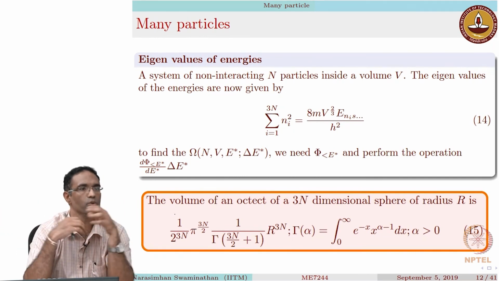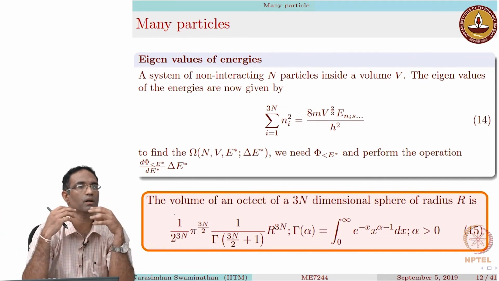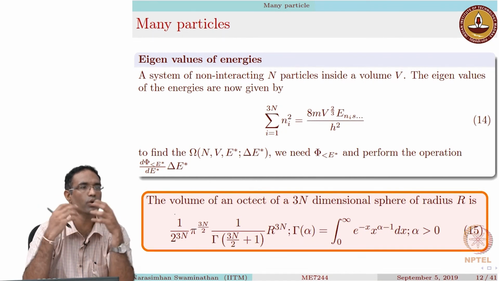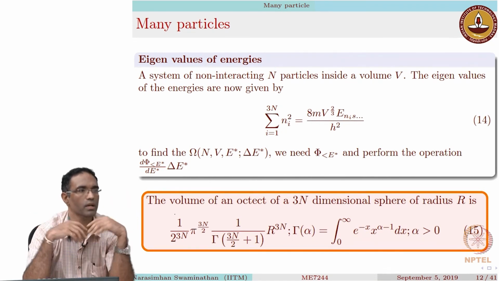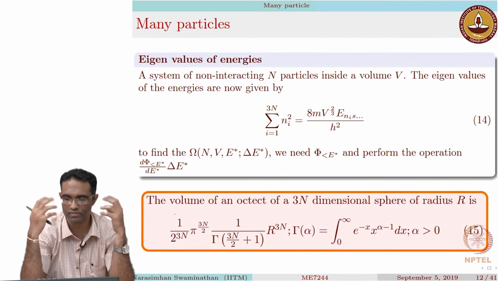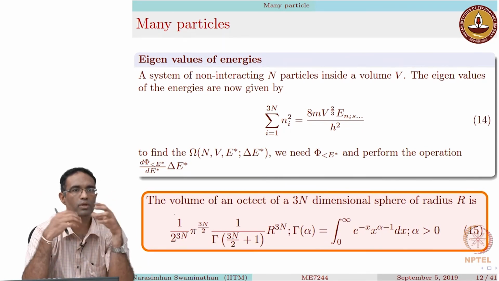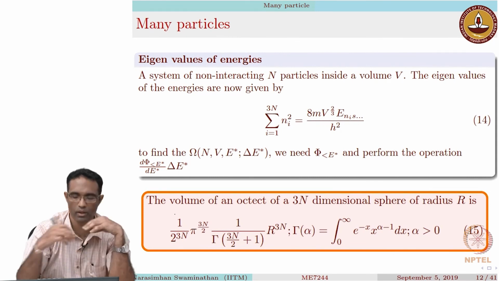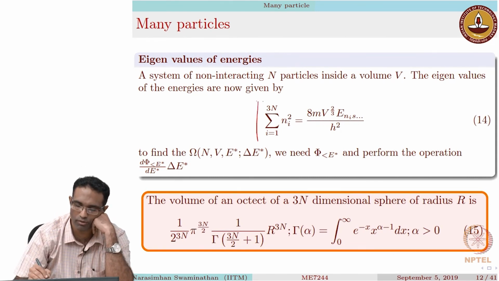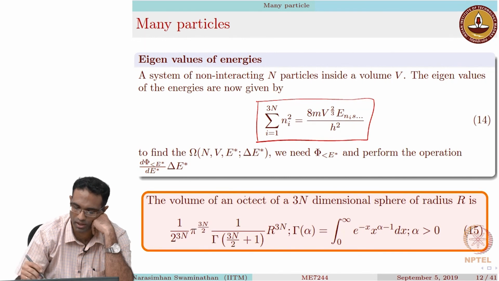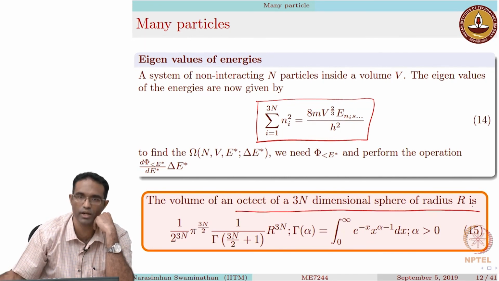We now need to do the entire calculation by knowing the expression for the volume of a sphere in 3n dimensional space. If n is the number of particles, you can calculate what the volume would be for all the particles. That would turn out to be something like this. This would be the volume of an octant of a 3n dimensional sphere of radius r.